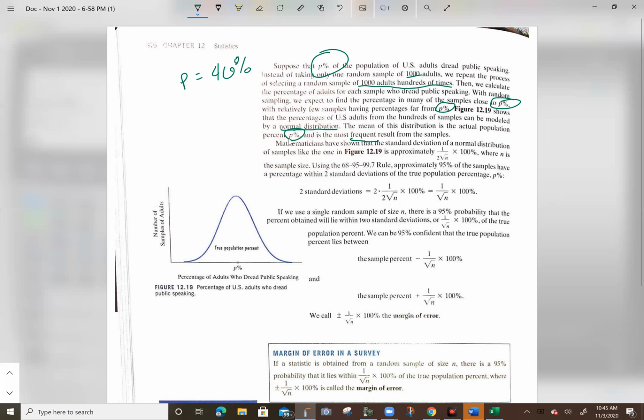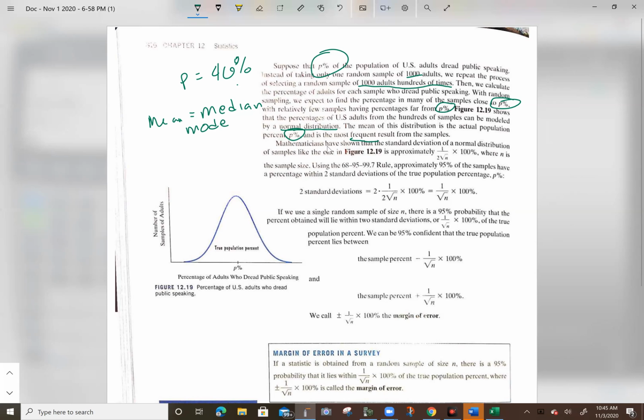Something you need to realize about normal curves is that the mean and the median are the same. This is the only time that ever happens, with a normal curve. And also the mode, because it's the most often that it occurs.